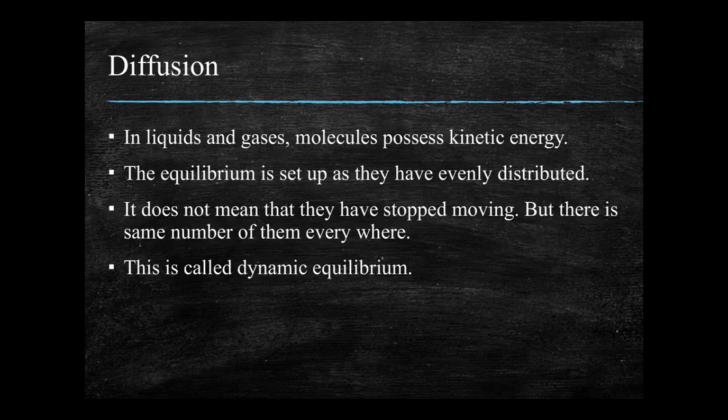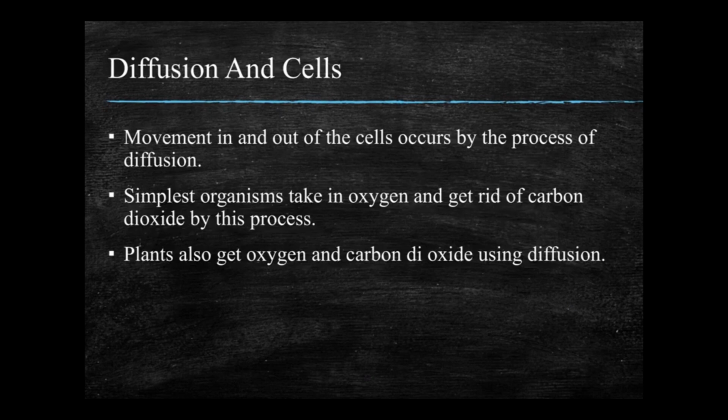Now, what is the relation of this movement with the cells? Plant cells and animal cells both work using these processes, diffusion and osmosis. Movement in and out of the cells occurs by the process of diffusion. Just like in an animal cell, when the roots absorb water, one cell pushes water molecules to the other cell.